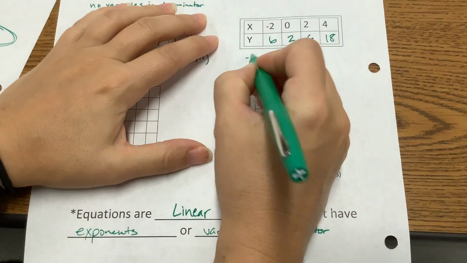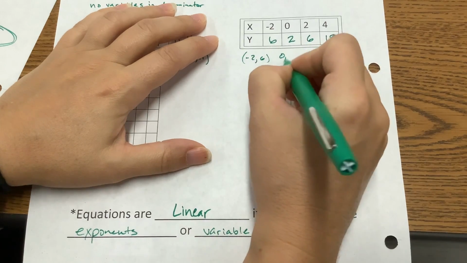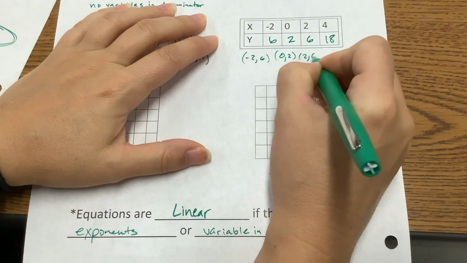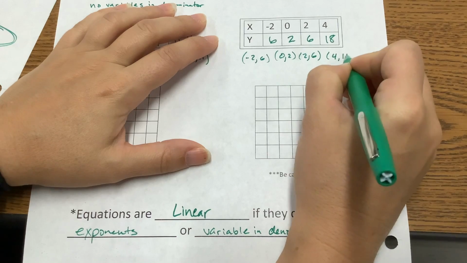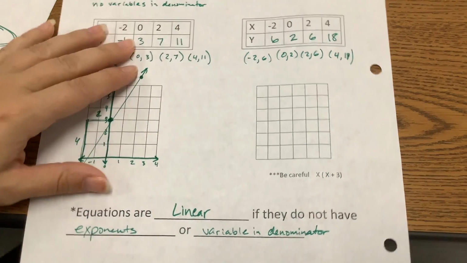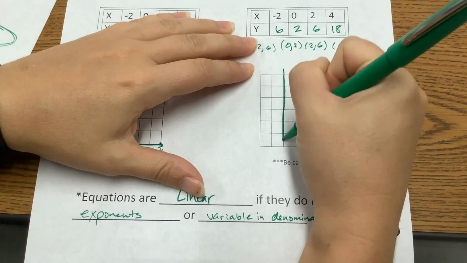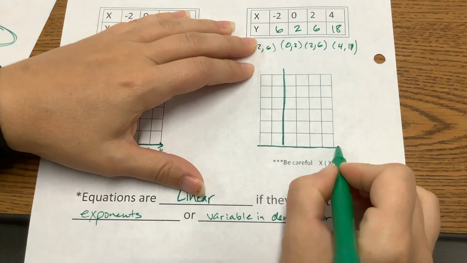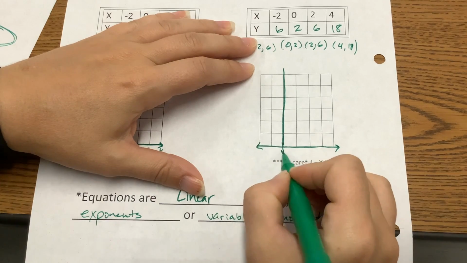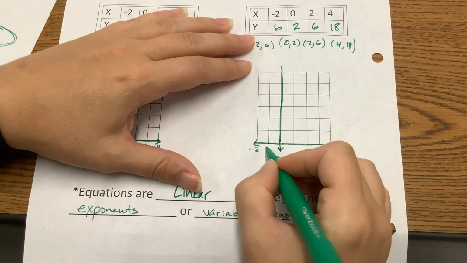So we have (-2, 6), (0, 2), (2, 6), and (4, 18). Okay, so whenever we put this on the graph, we're going to see that those points are actually not showing the same slope all the way across it. It's still the same setup.